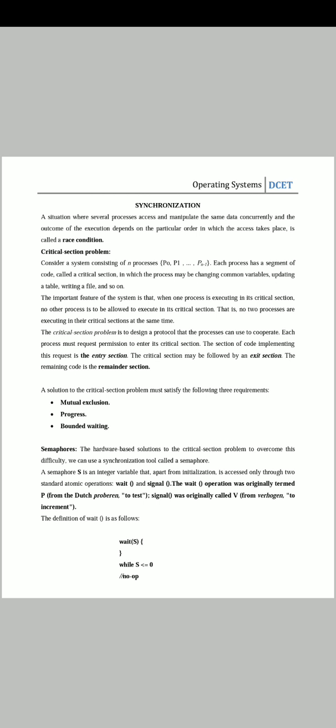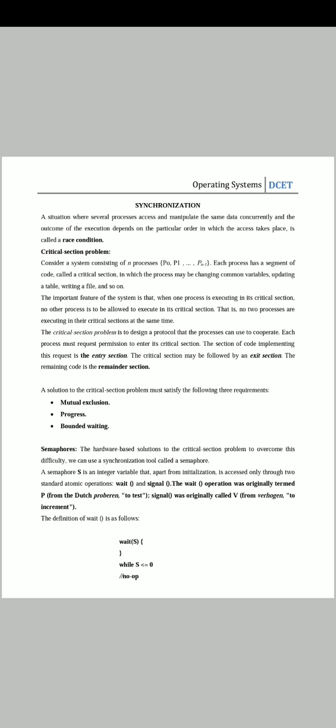In that case, other processes will not be allowed to enter the critical section. The section of code implementing this request is called the entry section. Then the critical section may be followed by an exit section. The remaining code is the remainder section.